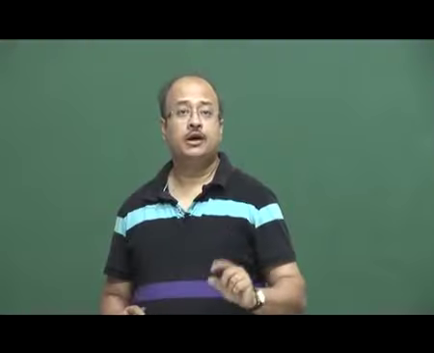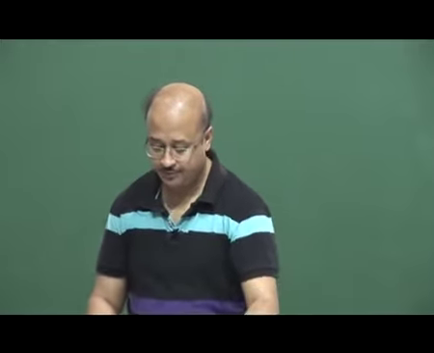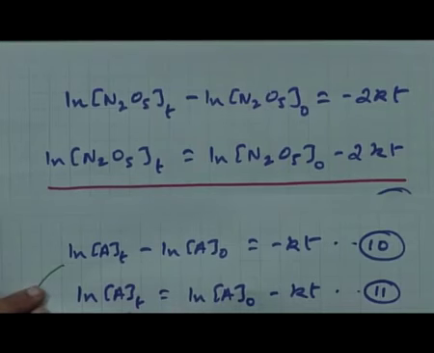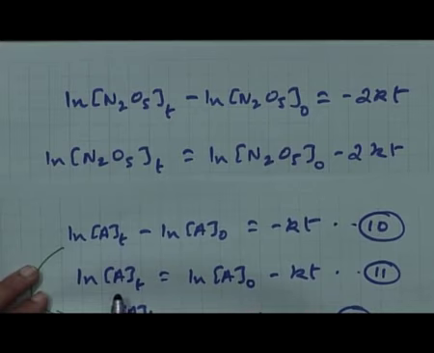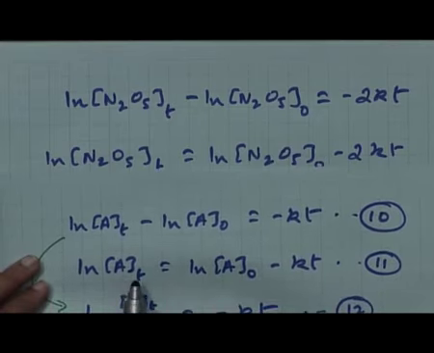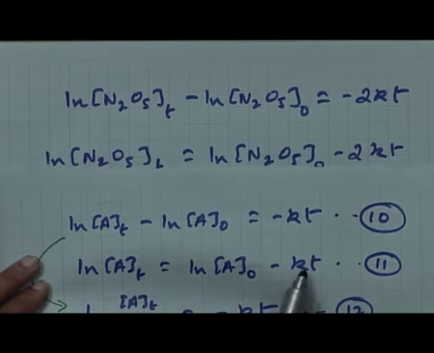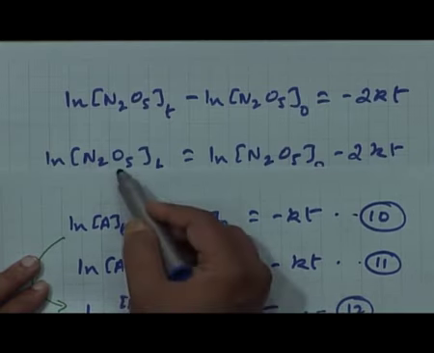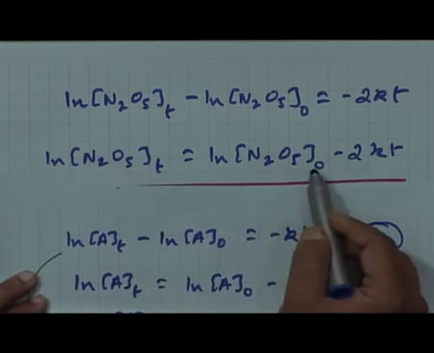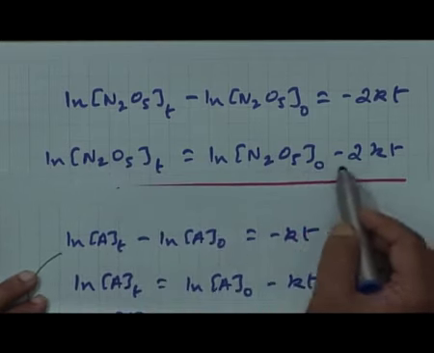Compare this equation with the equation we had derived before, which was equation number 11, if you read at the bottom of your slide. So, ln A at t is equal to ln A naught minus K t. Now, this reactant has become N2O5, so ln N2O5 at time t is equal to ln N2O5 initial concentration minus 2 K t.